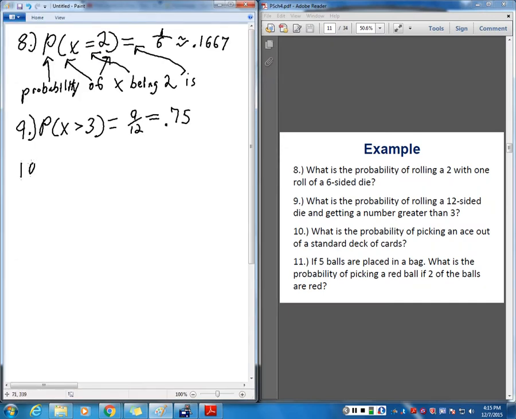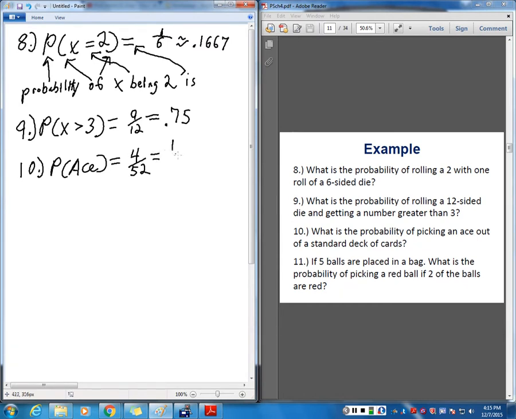Number 10. It's the probability of picking an ace out of a standard deck of cards. Alright, so probability of an ace, I can write that like this, is, well, how many aces are in a standard deck? That would be 4, out of total number of cards, 52.